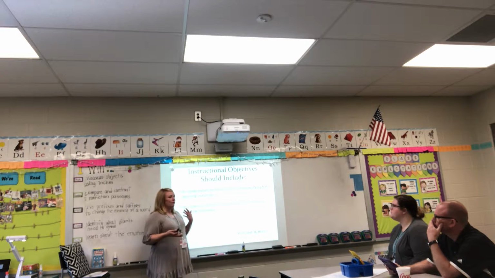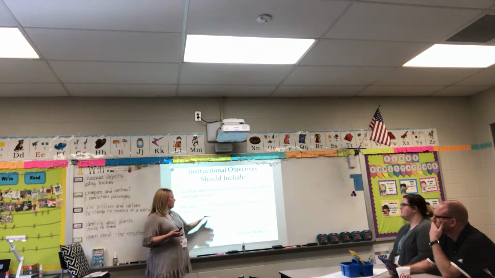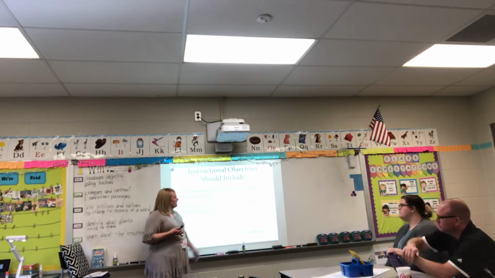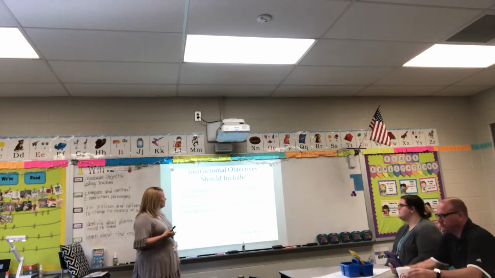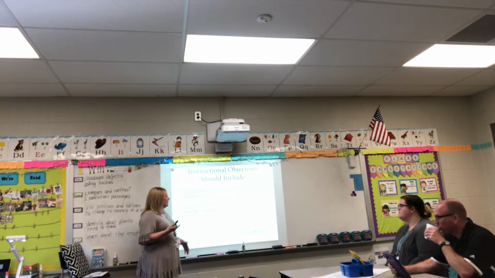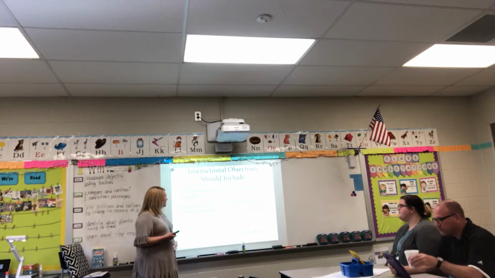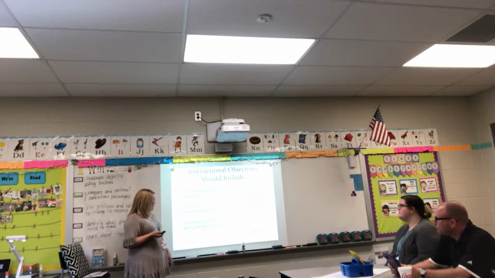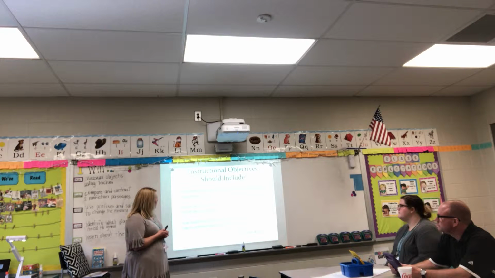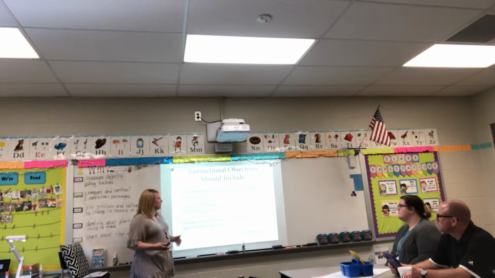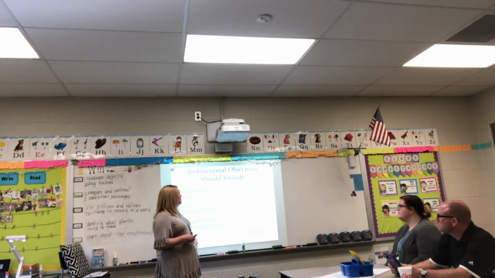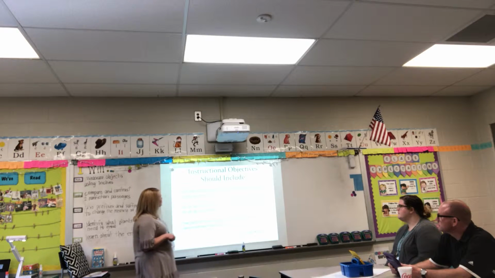For example, when we're doing our progress monitoring, we have our students have 60 seconds to read as many words as they can, or if we're doing our math fact fluency, they might have 60 seconds or 90 seconds to complete that assessment. And the third thing that our objectives should include is what we will consider mastery. Would it be 90% accuracy, or would it be 100 words a minute? So these three things need to be included in our instructional objectives.